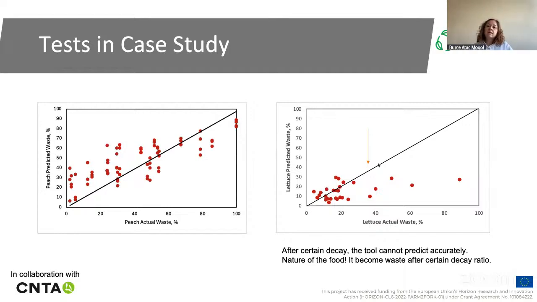But at some point, for some fruits and vegetables, in the case of lettuce here, for example, on the right-hand side, after a certain decay, the tool cannot predict accurately, because the food becomes waste after a certain decay ratio. So you can just analyze it until like 35% of waste.